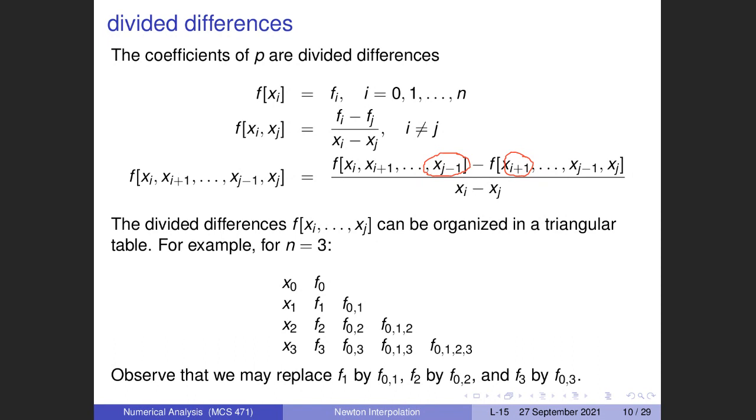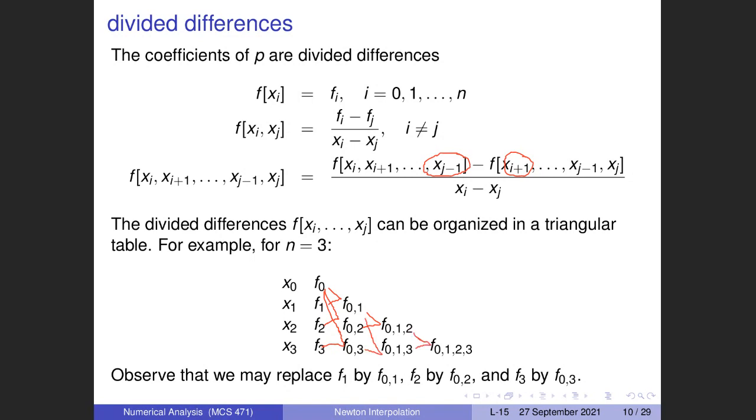How are they organized? Well, we start with our points as the first vector, then the function values in the second column of the table here, and then we compute the divided differences. We can compute this column by column, or we can compute this along the diagonal. Actually it's the diagonal that we need.